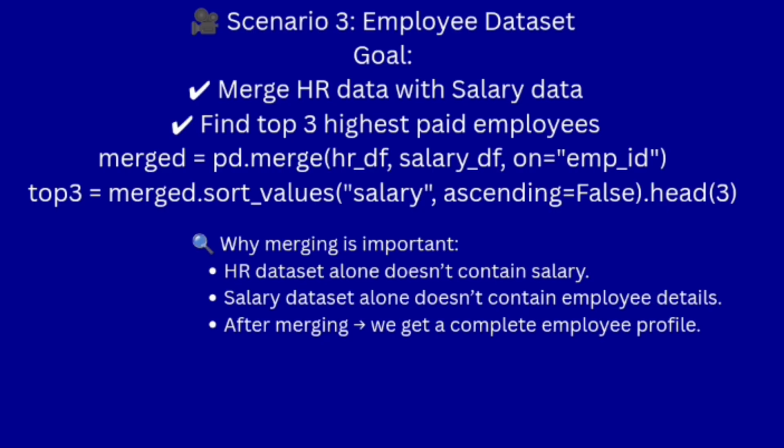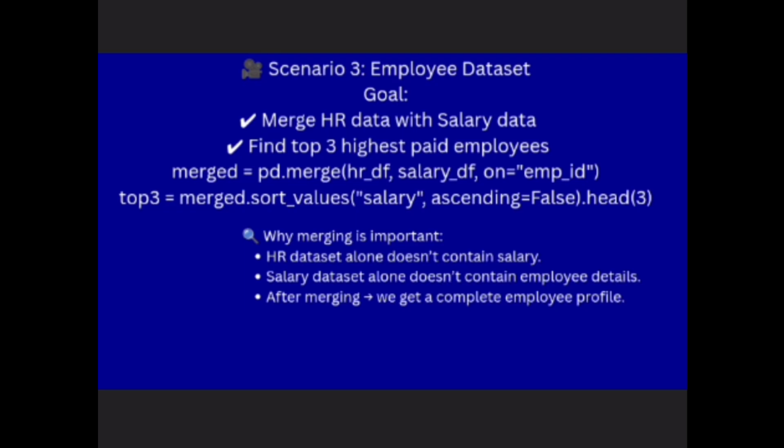And what is the second condition? The top 3 highest paid employees we should find. For that, the program is merged.sort_values salary, ascending is equal to false, head 3, top 3 highest paid employees, we need employee id. Okay, by doing this we can merge two data sets.